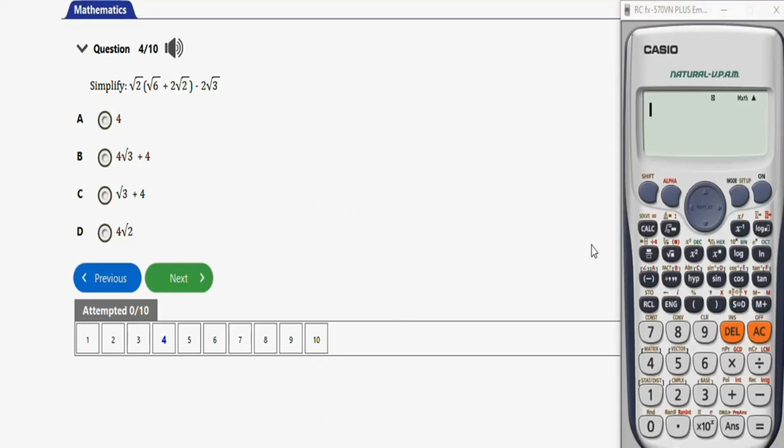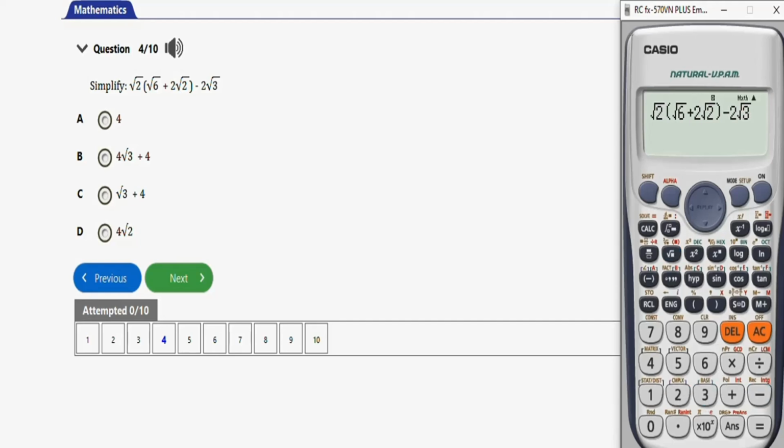So for this question, let's just input root 2, give space, then in brackets we have root 6, give space again, put plus 2 root 2, give space and close the bracket, then we have minus 2 root 3.